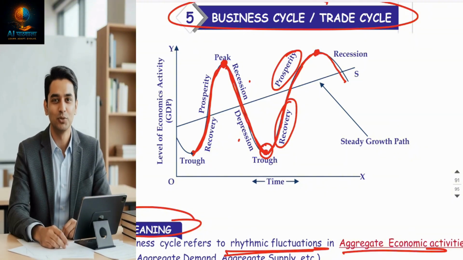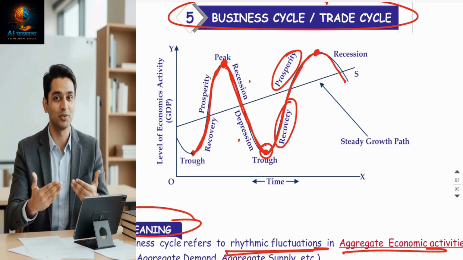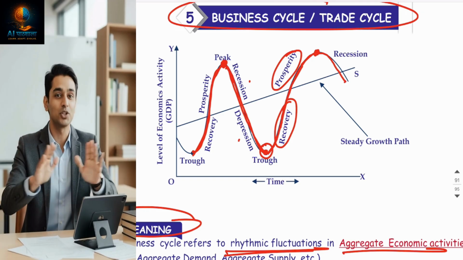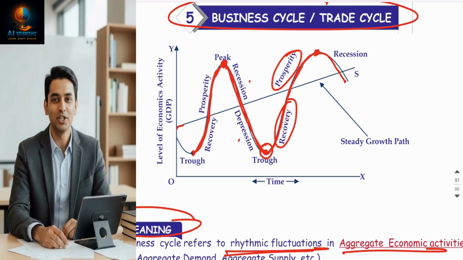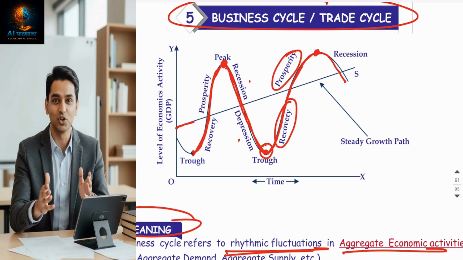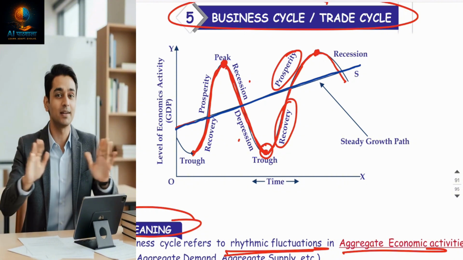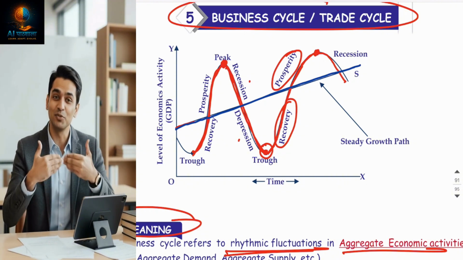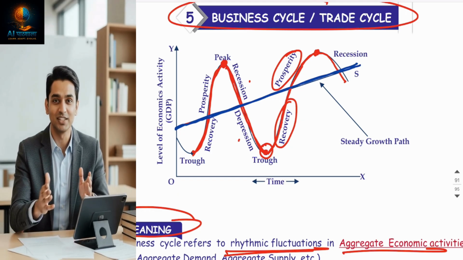That's why it's called business cycle, trade cycle, or economic cycle. But these ups and downs are always there. It indicates the growth of the country. But if you take out the average, you will get a smooth growth line. But a country never grows so smoothly, in a straight upward sloping curve. No, it is an average of ups and downs.